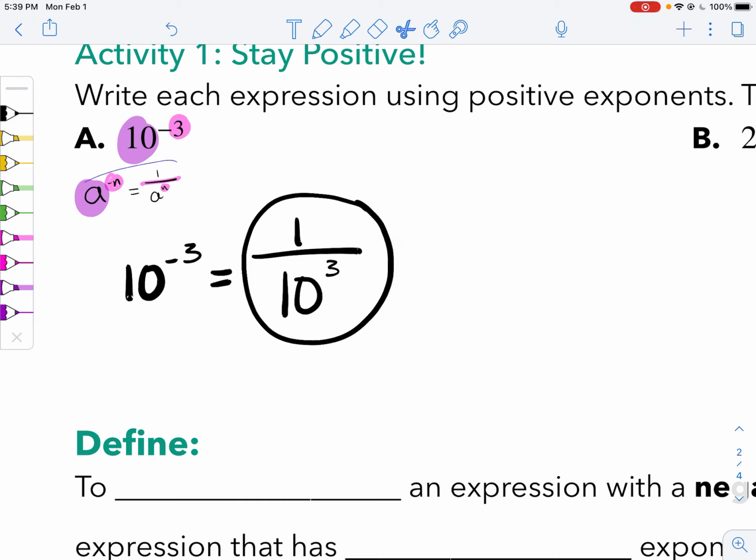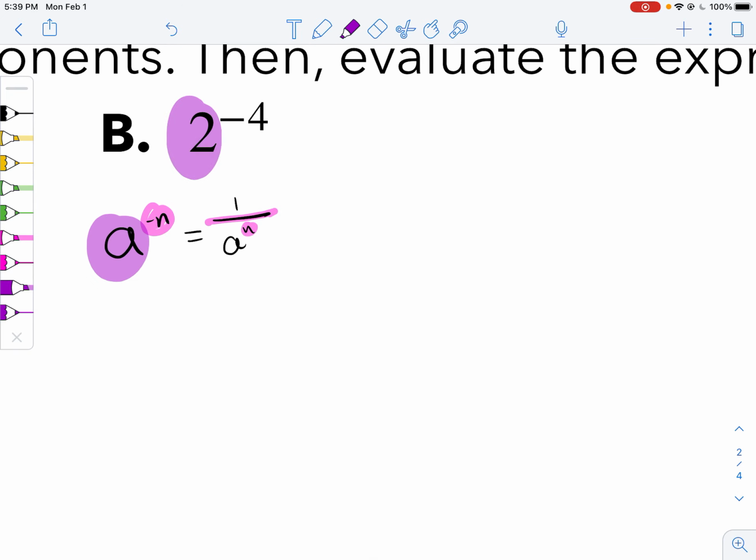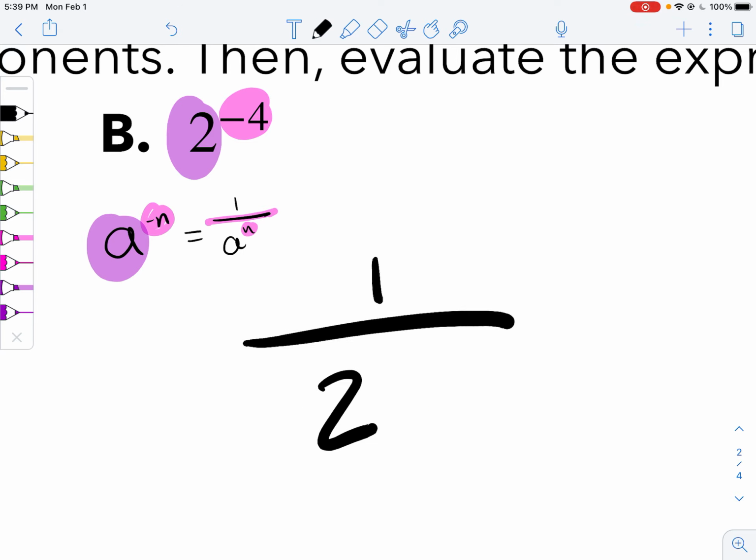Let's do another one. Taking our rule, here our base is 2. And 2 to the negative 4th power is the same thing as 1 over 2 to the 4th power.